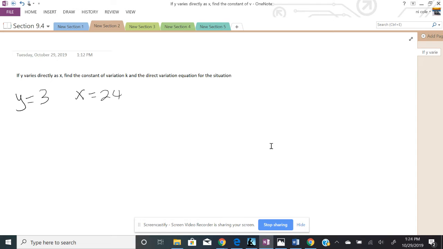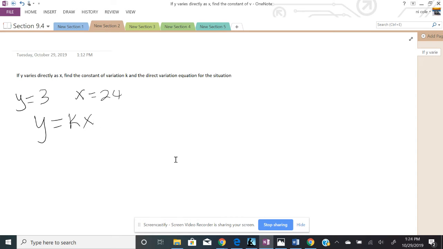The first thing I need to do is write down my direct variation equation, y equals kx. So the first thing I will have to do is find k.